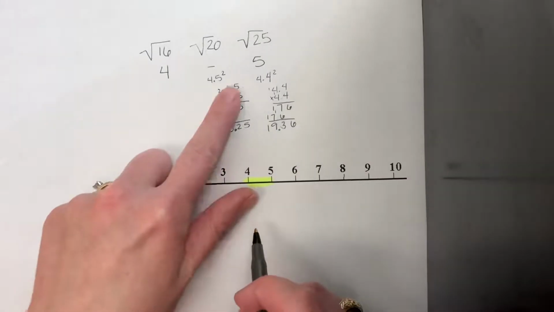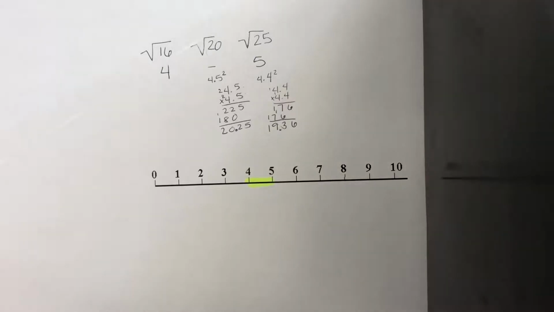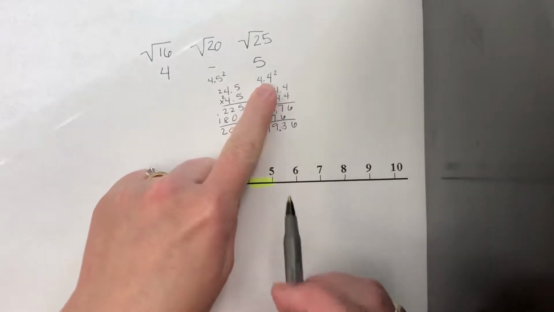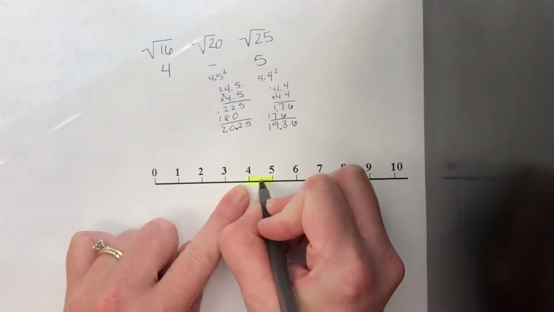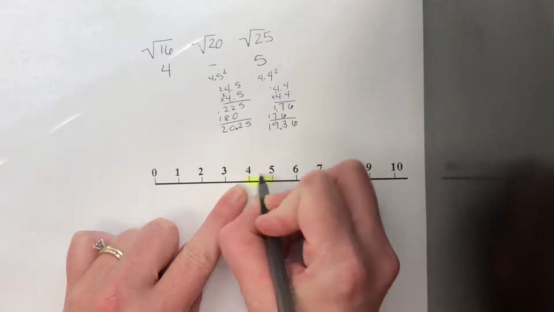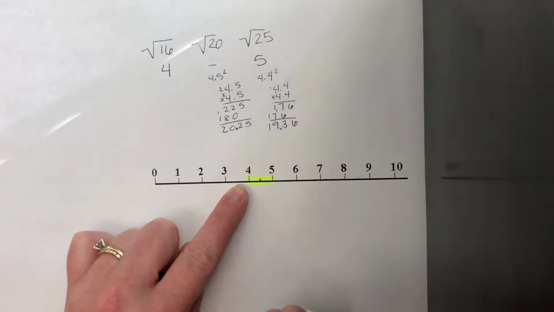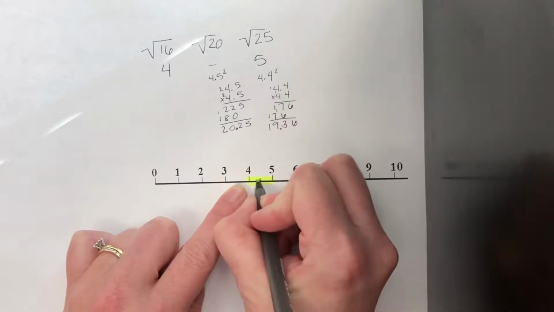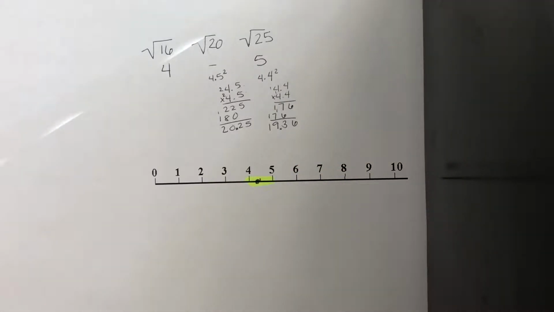Well, 4.5 is actually closer, but typically in math you want to be as close as you can without going over. So I'm going to choose 4.4. So let me see where that would be. Right halfway between the 4 and the 5, let's call that 4.5. So 4.4 would be right next to it.